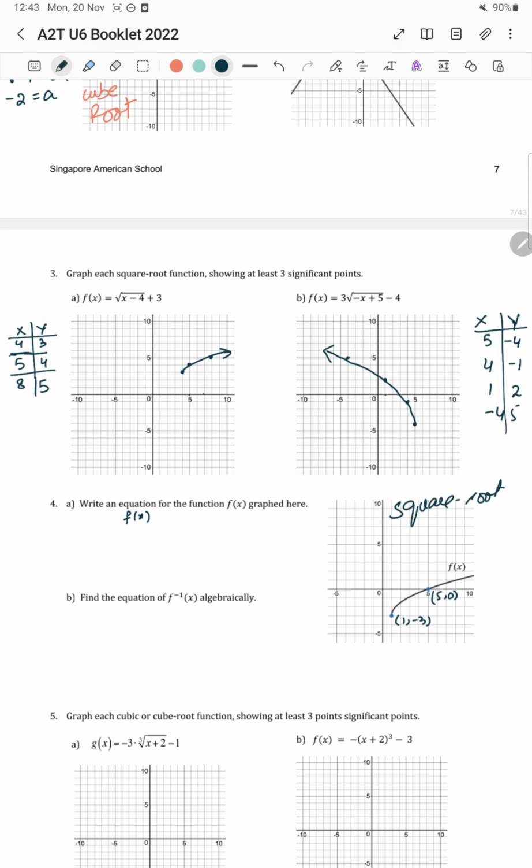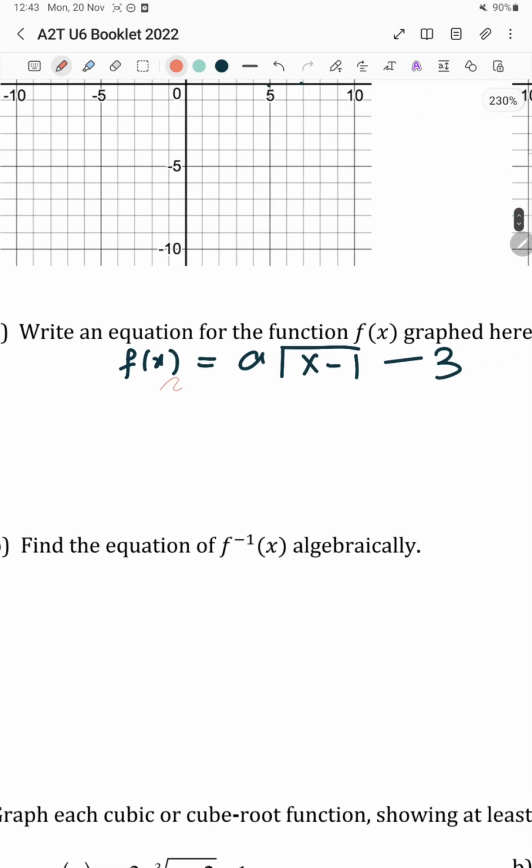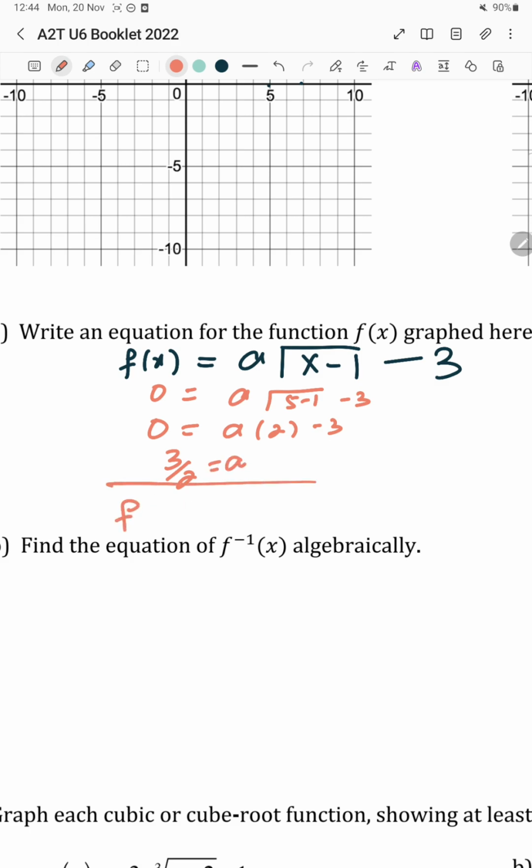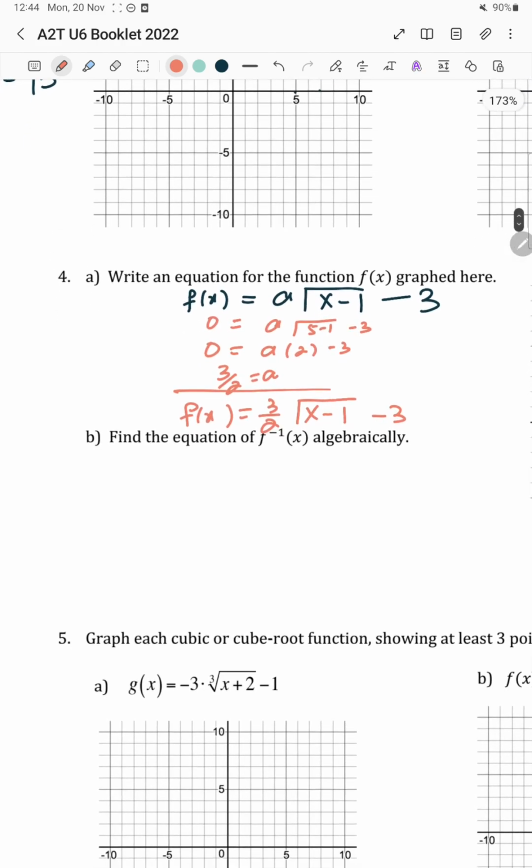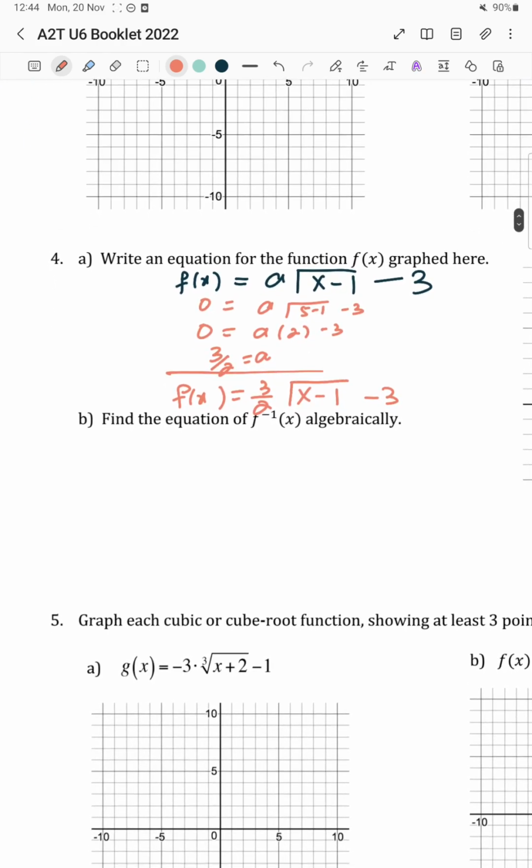So it would be a times square root of x minus h plus k. Okay, so now to find the value of a, we will put 5, 0. 4, 2. Okay.